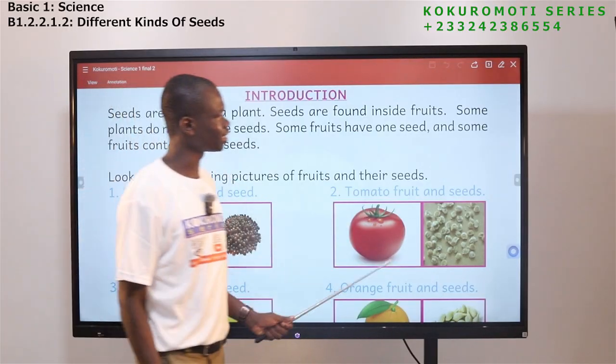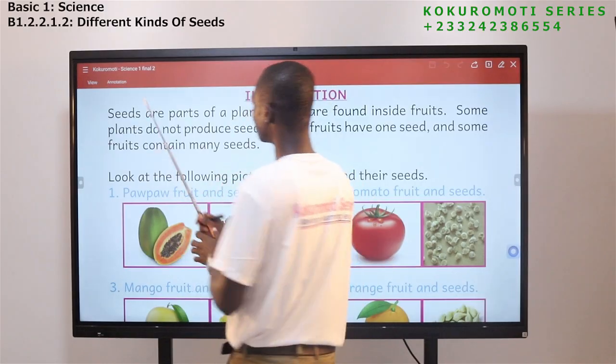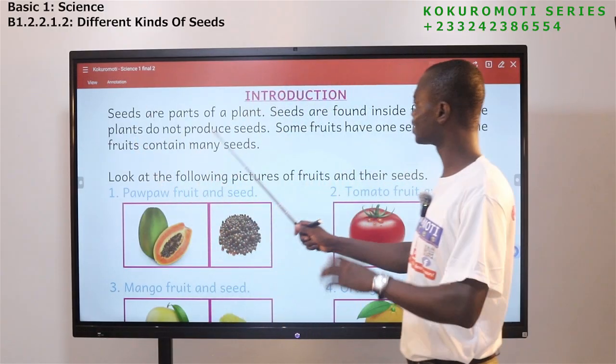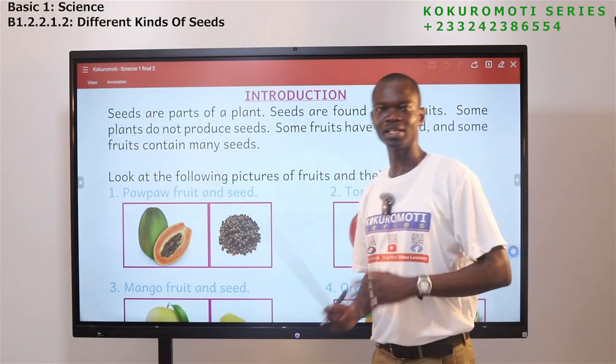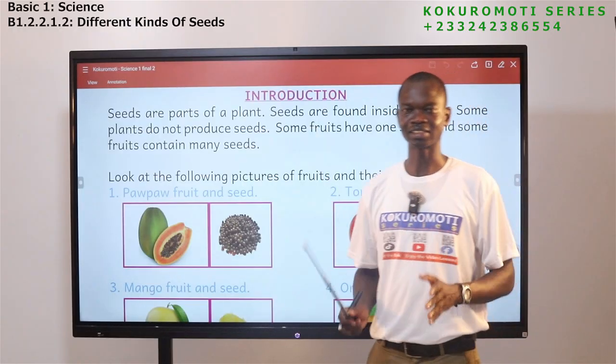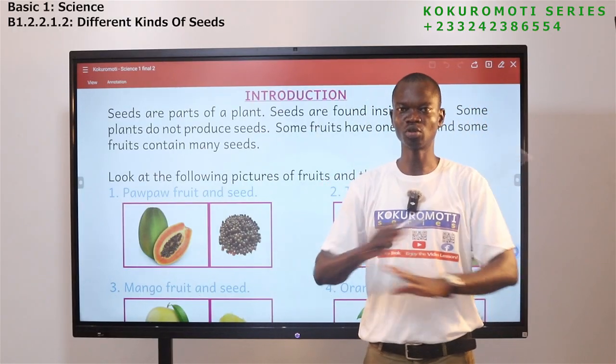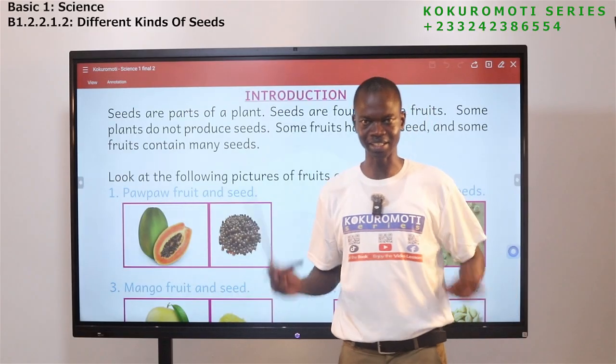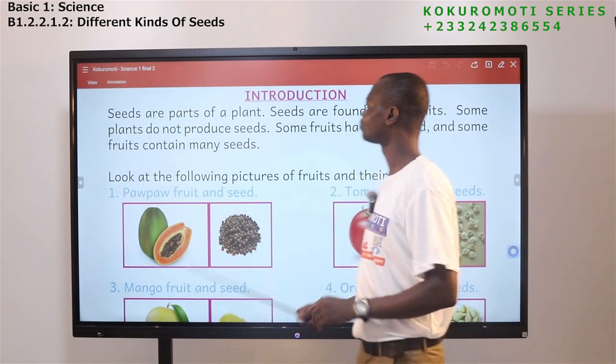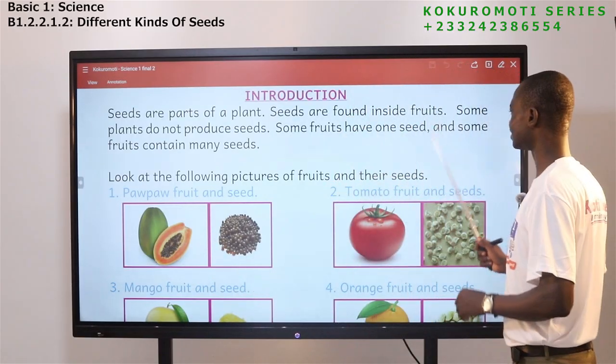But what we are saying is that some plants do not produce seeds. What it says is that some plants, the fruits, if you open it, you will not see any seed in it. Some fruits have one seed.